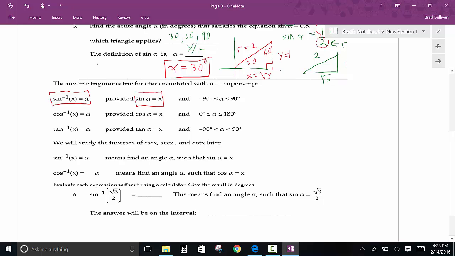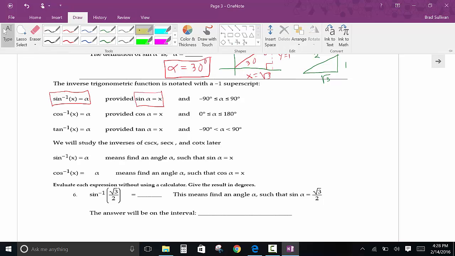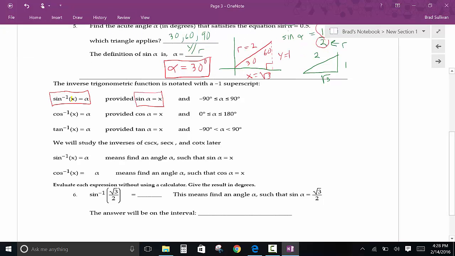So notice what I've done here, and the way this works in an inverse trig function is I'm really giving you the ratio of the side, but what you're doing is you're finding the value of the angle. Now, the thing that I can't really clearly explain until we get into graphing is what we mean by that interval.